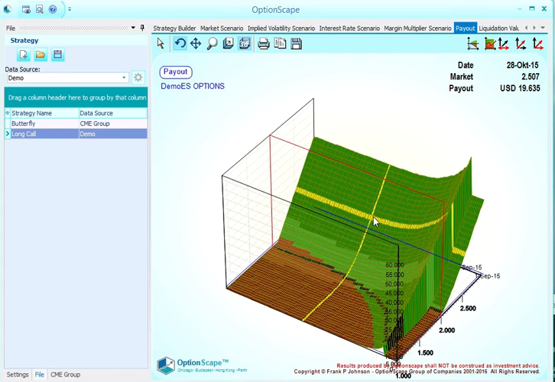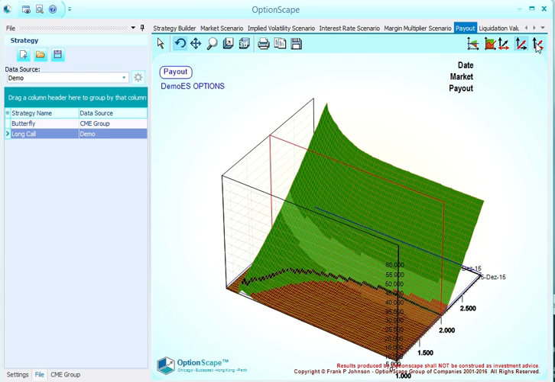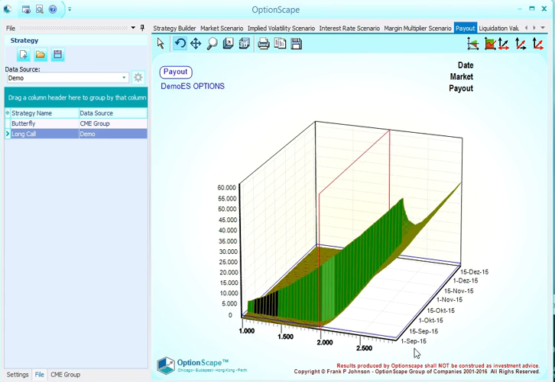This is a three-dimensional diagram with different axes. On this axis we have the index. On the backside, which I can change, here is the time axis, and on the y-axis I have the level of the call.